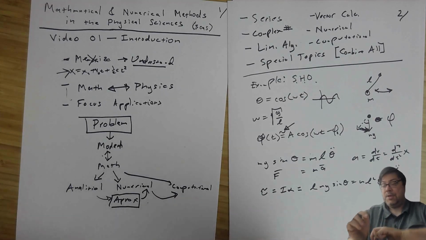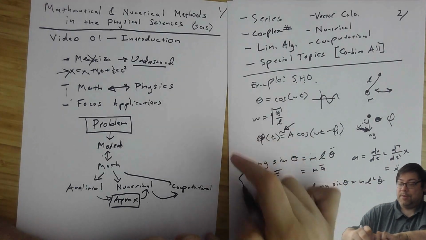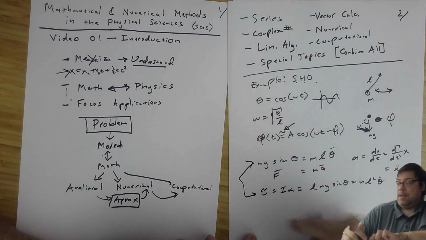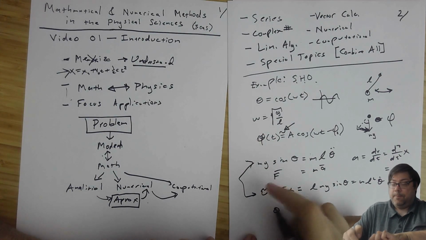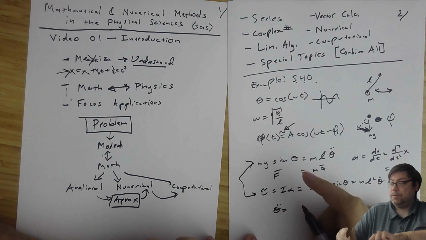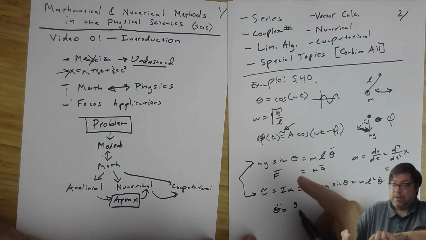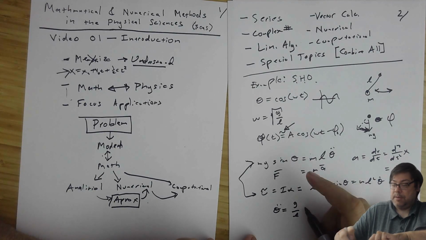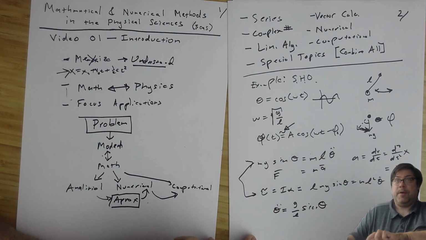I've done it multiple ways, but both give me the same answer: theta double dot equals g over L times the sine of theta.